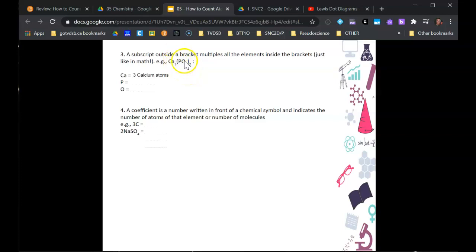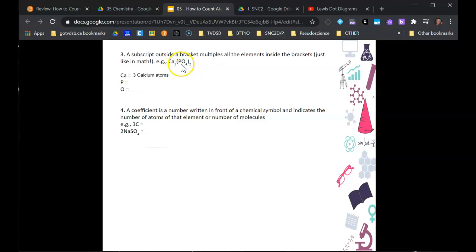But it's inside a set of brackets. And what that bracket means is that we have a number of copies of this PO4. The number of copies we have is indicated by the subscript on the outside here, this 2. So to figure out how many PO4s we have, we look outside and we see a 2. That means we have 2 PO4s, which means we have 2 of everything that is inside the brackets.